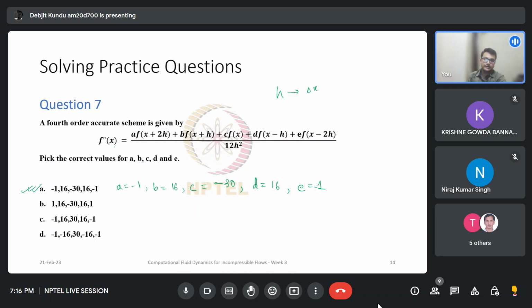So pick out the correct combination from the options. Option A, as 3 people have claimed, is -1, 16, -30, 16, -1. Option B is 1, 16, -30, 16, 1. Option C is -1, 16, 30, 16, -1. And option D, -1, -16, 30, -16, -1.